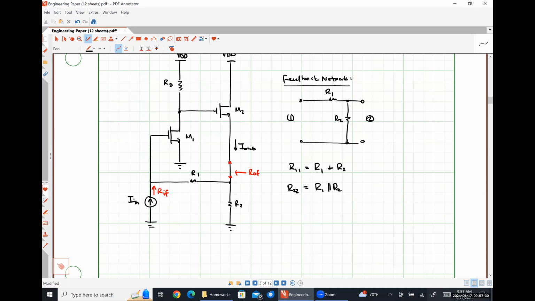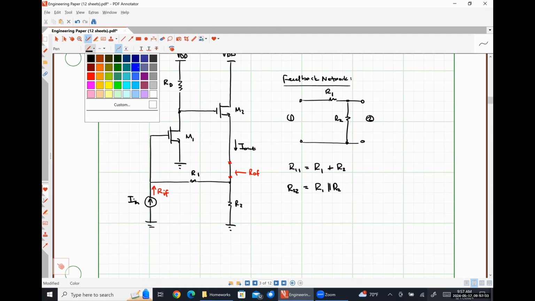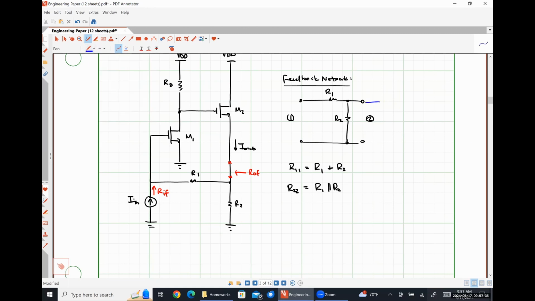So let's look at things here really quickly. I'm going to superimpose something on the top of this, right? So here's my current I out. Here's my current IF. And these directions are important, okay?